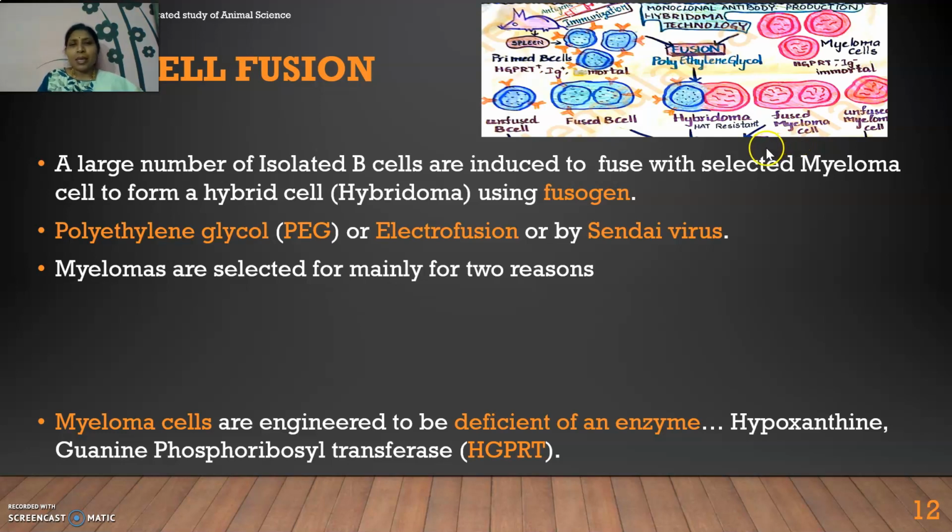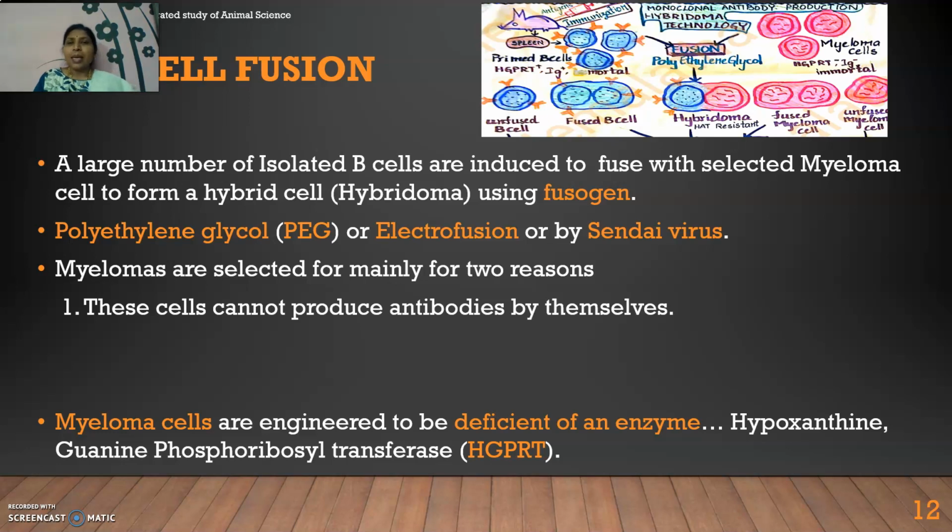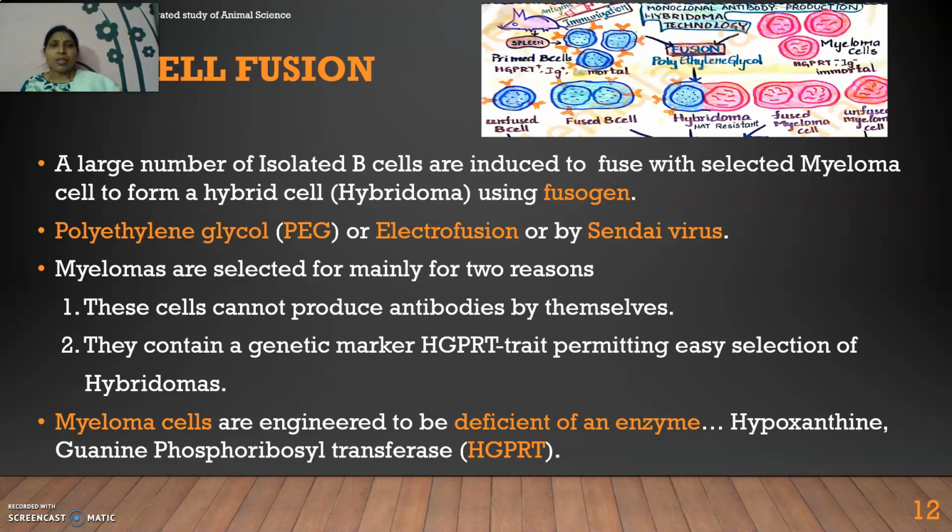So myelomas are here selected for mainly two reasons. These cells cannot produce antibodies by themselves. They contain the genetic marker HGPRT trait, permitting easy selection of the hybridomas.